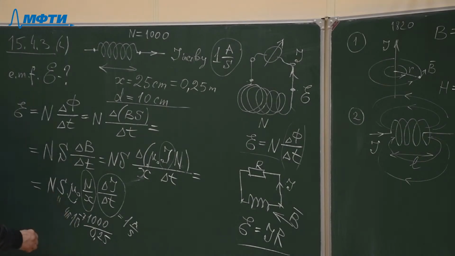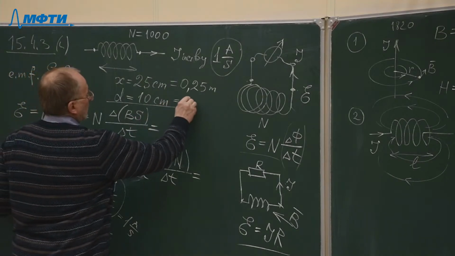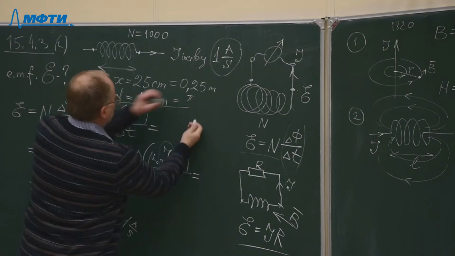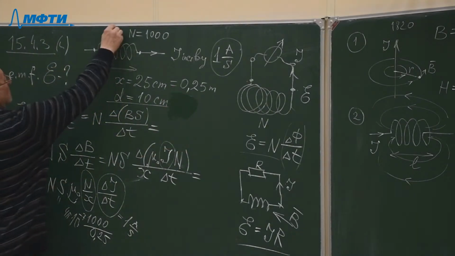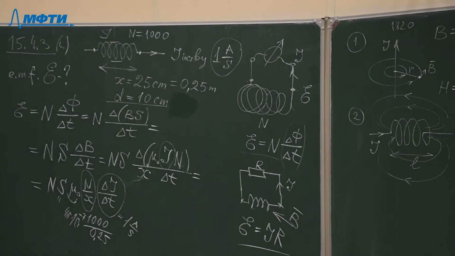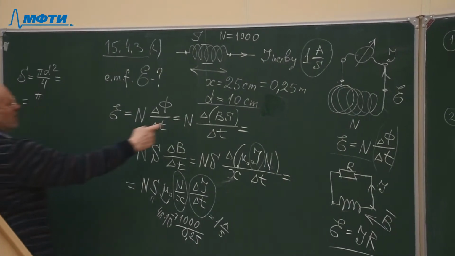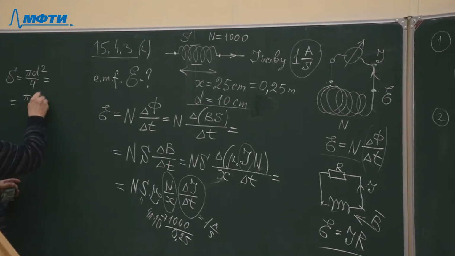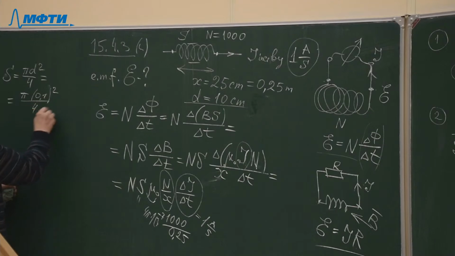And I want to calculate the cross-section area of the solenoid S. Cross-section area is related to diameter as pi diameter squared over 4. That will be pi, diameter is 10 centimeters, which is 0.1 meter, squared, divided by 4.